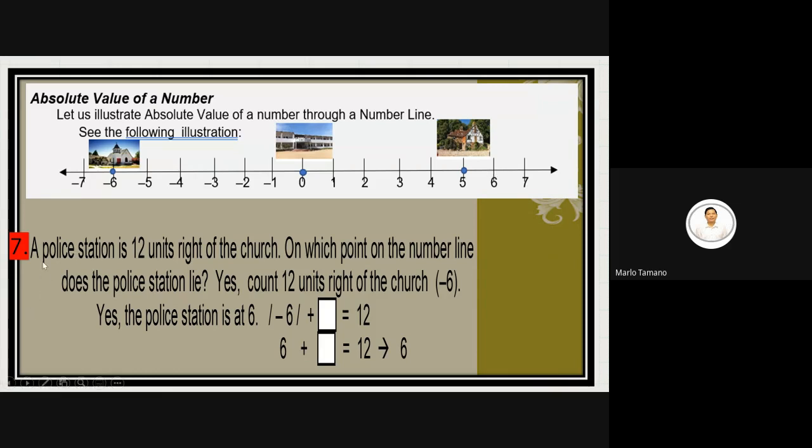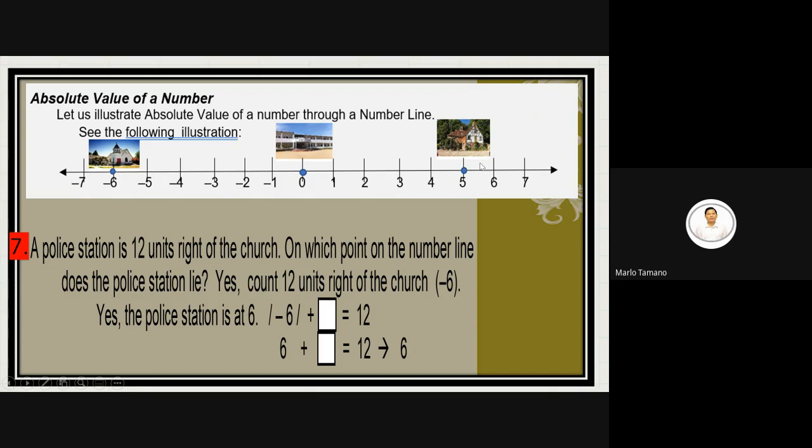Let's repeat. A police station is 12 units right of the church. Where is the church? Here. The question is, on which point on the number line does the police station lie? You count 12 units from -6 going to the right. Where do we stop? 1, 2, 3, 4, 5, 6, 7, 8, 9, 10, 11, 12.